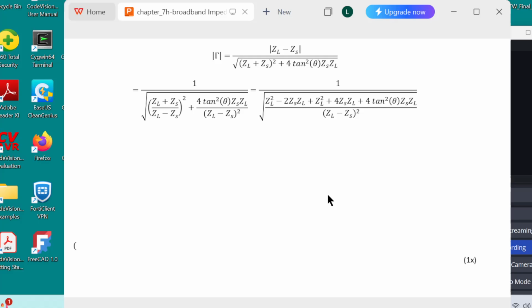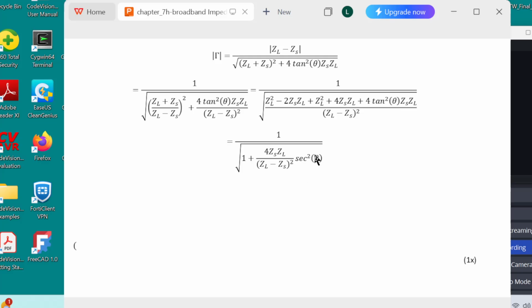We can just add 2. I was wondering why there's a minus here, but I forgot to look at this term. And then we will get this formula. And remember, at the bottom, we have secant square of theta, where theta represents theta L, the electrical length of the quarter wave transformer.